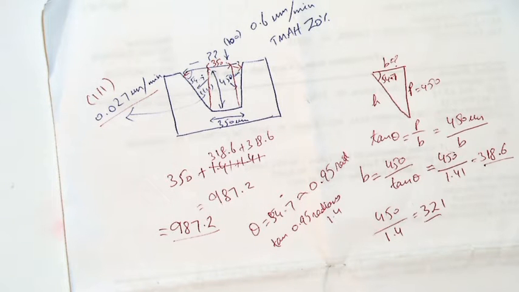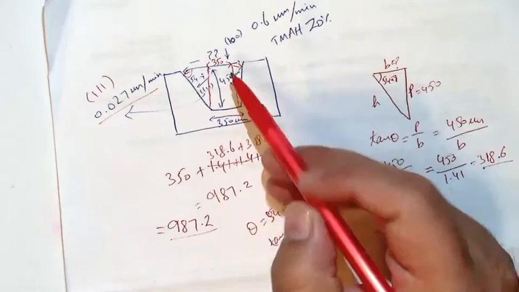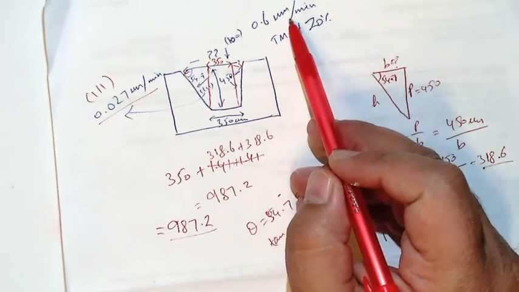Divided by 0.6. Dividing what? The full amount of 987 divided by 0.6. 987, which is 450 divided by 0.6, because in this direction it is 0.6, right?